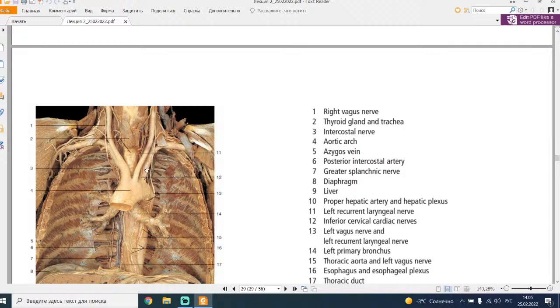This is arteria subclavia sinistra. 3 arteries: brachiocephalic trunk, arteria carotis communis sinistra, and arteria subclavia sinistra.